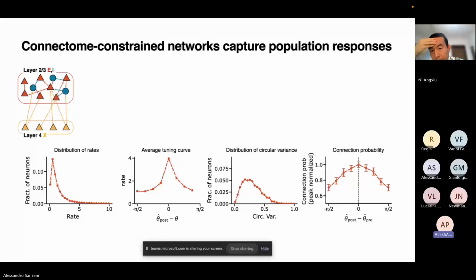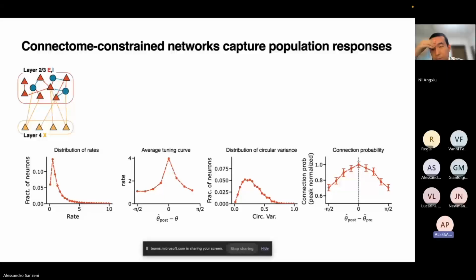We have a distribution of rates, the average tuning curve of neurons, and the distribution of circular bias that I showed earlier. Something that will become important in a second is that we have structure in the connectivity. This is the probability of connection between two neurons as a function of their response property. And what we observe, consistent with previous data, is that neurons with similar response properties are more strongly connected.